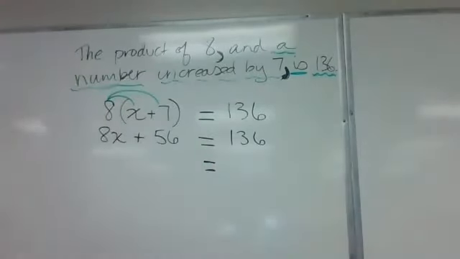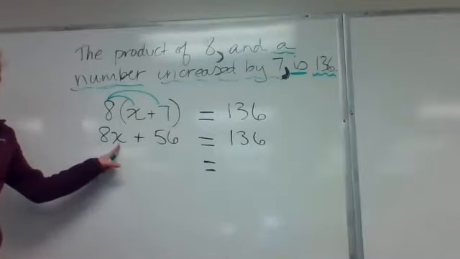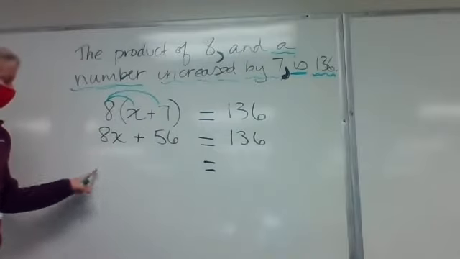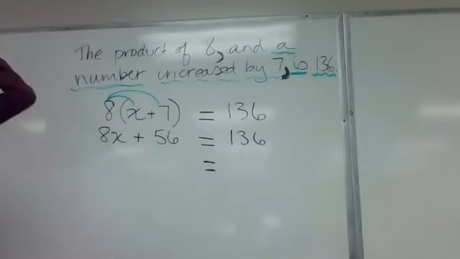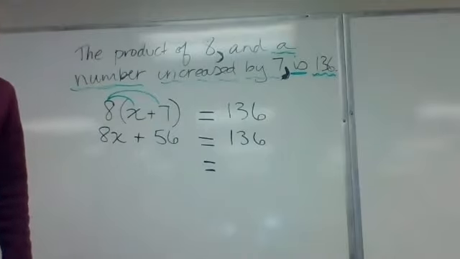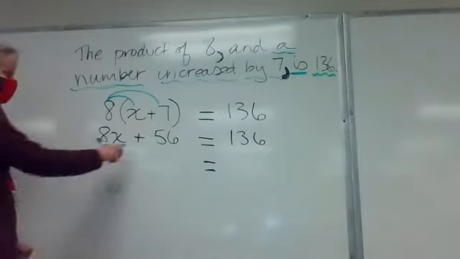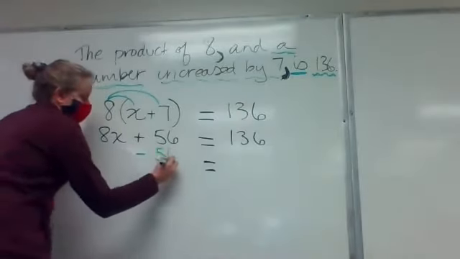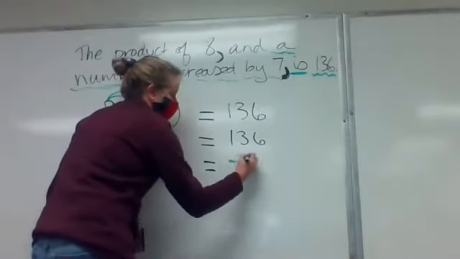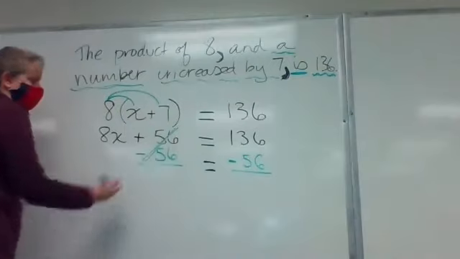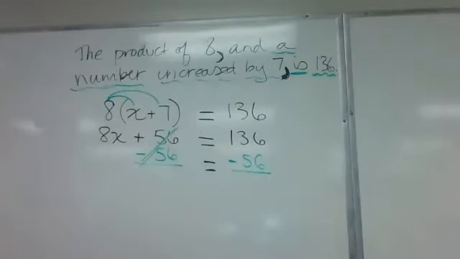Now, remember, just like always, you're trying to isolate, get this x by itself. Remember that the numbers hooked onto the x go away very, very last. They hold on till the end, which means I need to get rid of this plus 56 with the opposite, which is minus 56, to knock it out.